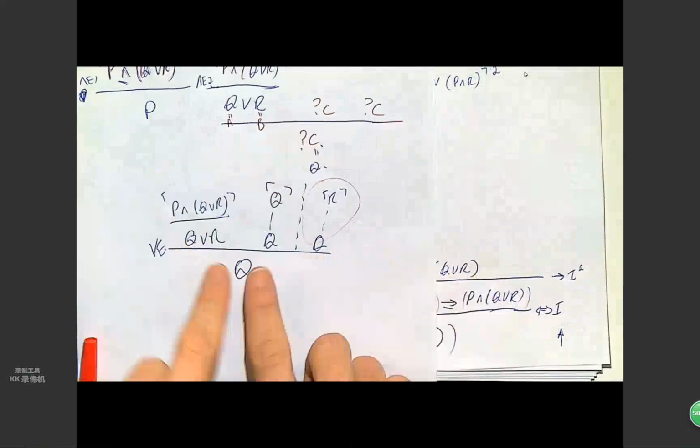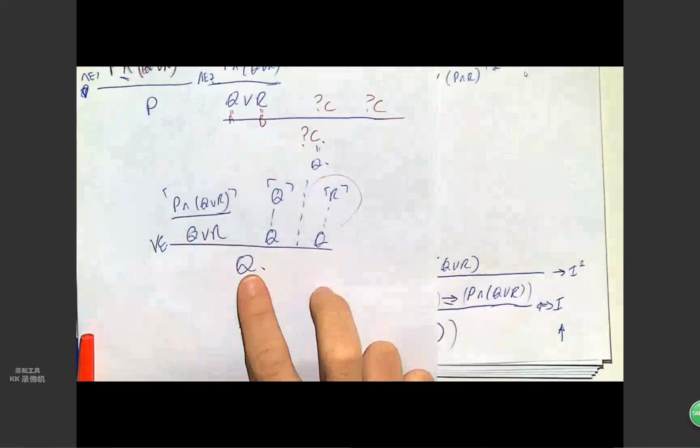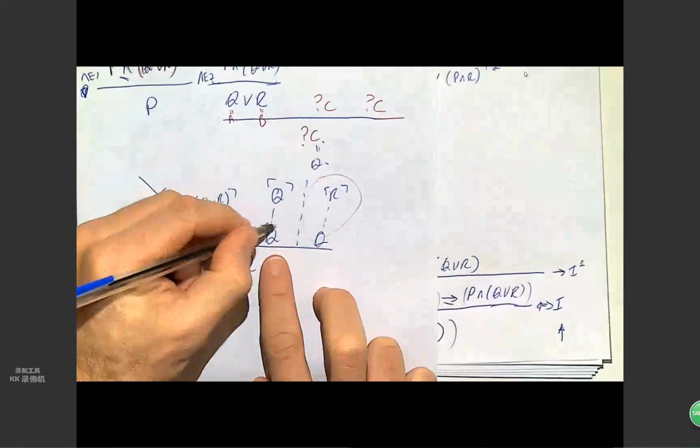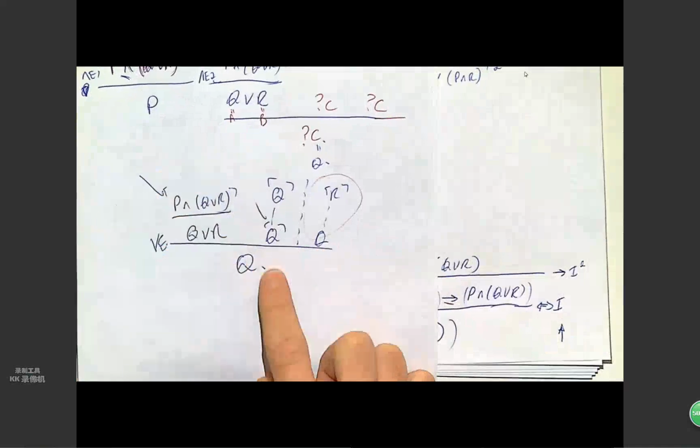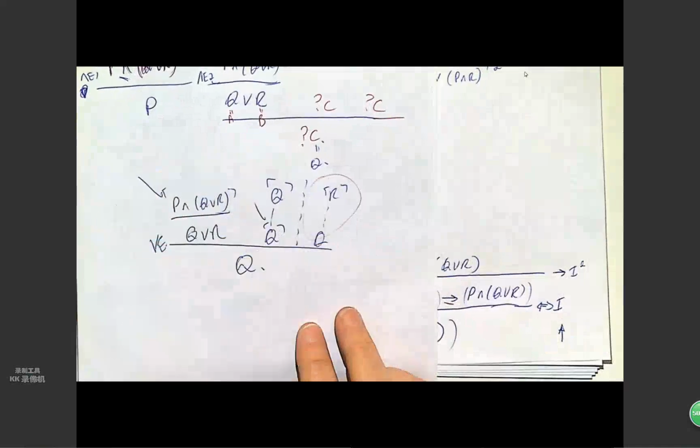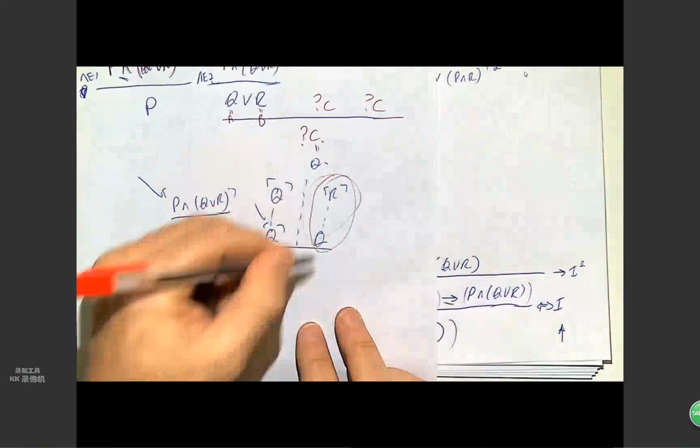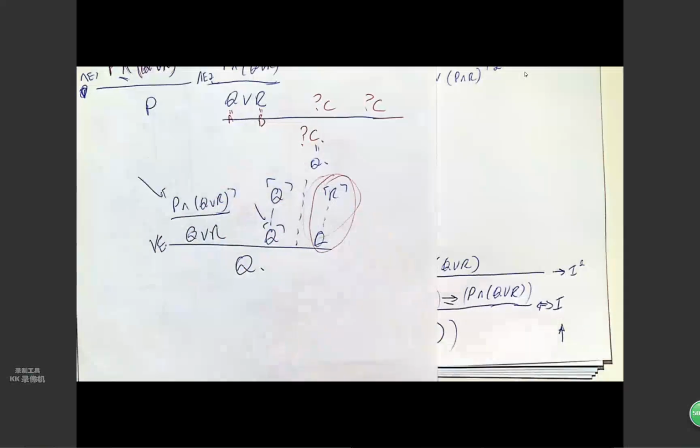I generate 3 subtrees. One leads to an assumption that's been discharged, and that's fine. Another leads to another assumption that has been discharged, that's fine. And then I have one whereby I have Q or R, and then I'm stuck.